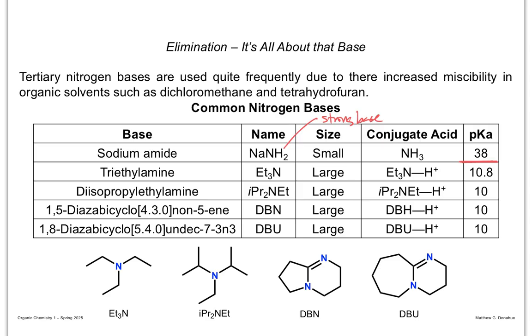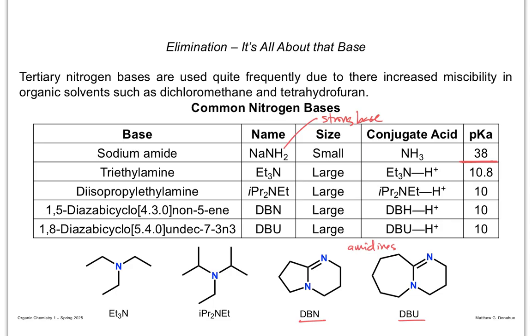So triethylamine, diisopropylamine, and then we use these abbreviations, not as complicated as that horrendous disease on the board there, DBN and DBU. These are called amidine bases. I've written large for all of them, but whether it's medium or large size is debatable.